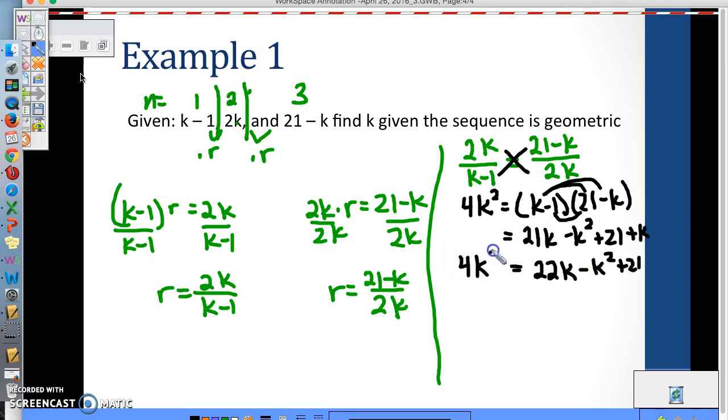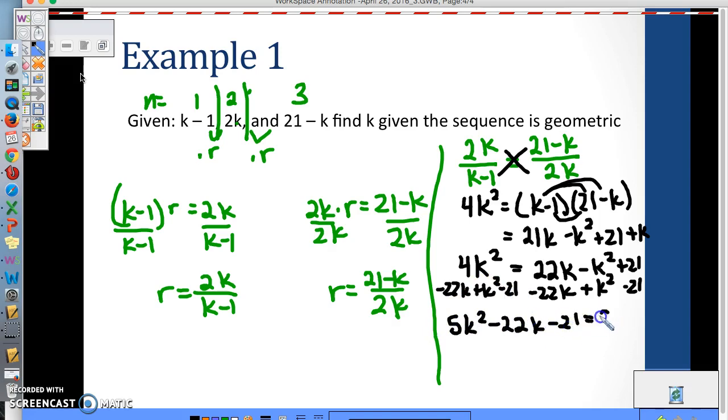Well, this is a quadratic here, so if we set it equal to 0, plus k squared minus 22k minus 21. So if we do the same thing over here, minus 22k plus k squared minus 21. So we have 5k squared minus 22k minus 21 equals 0.